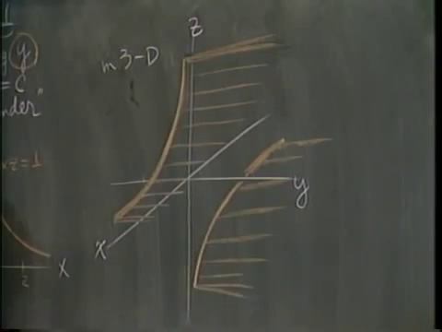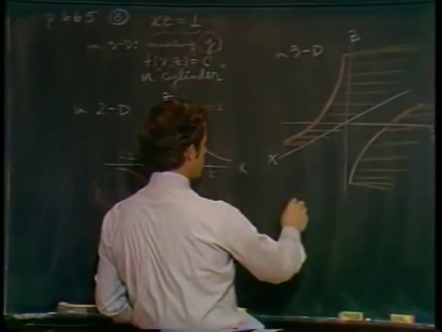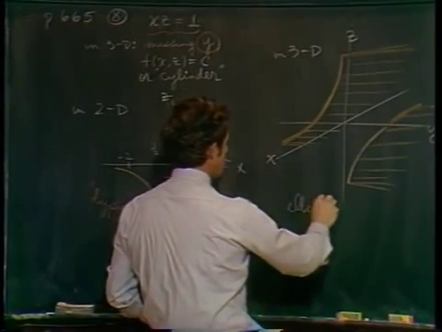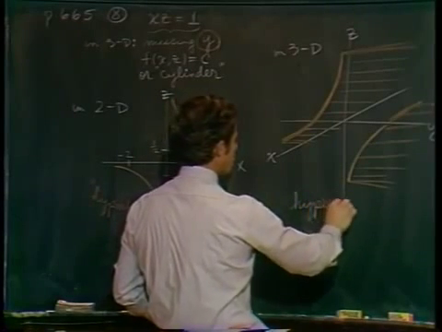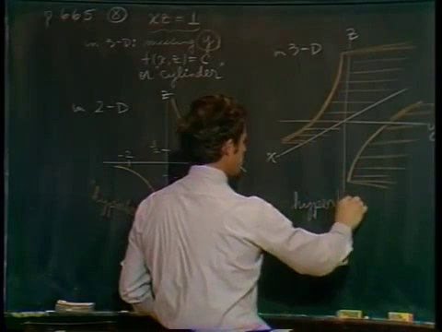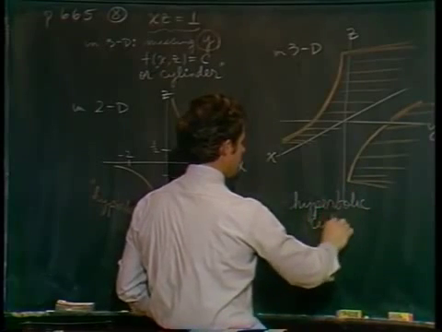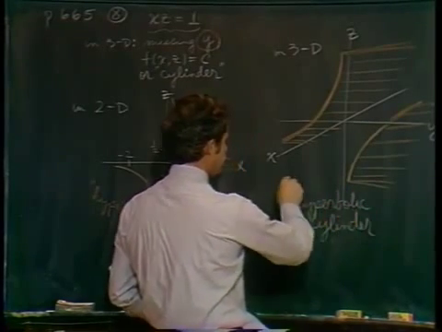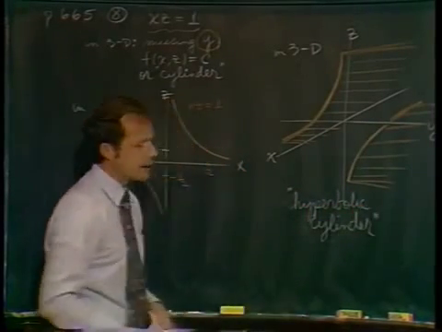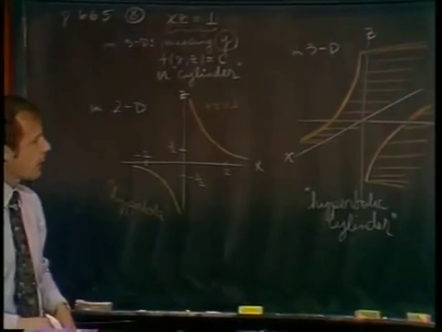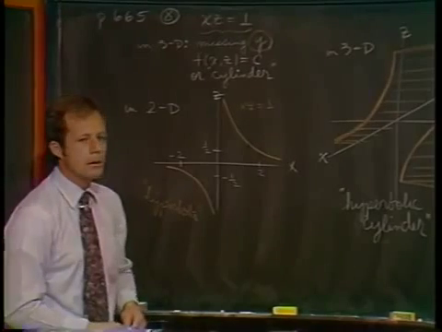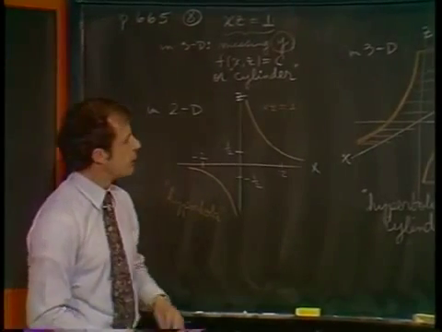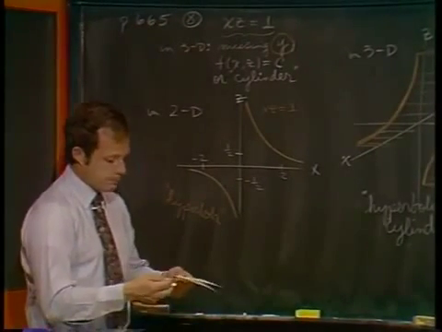So you actually have 2 sheets to your surface, and if you wanted to give it a name, I guess you'd call it a, keep getting the wrong word there, hyperbolic cylinder. Or a hyperbolic cylindrical surface. That's a mouthful. Okay, so that takes care of one of our problems. I hope. Any questions on it?